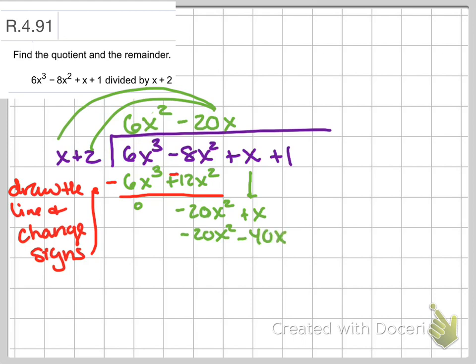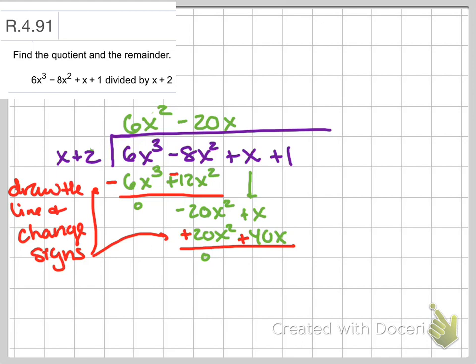Let me get rid of those distributing signs. And then, just like we did in the last one, we're going to draw the line and change the signs. We're going to subtract both of these already negative numbers, so those negative numbers turn into positives. Great. Negative 20x squared and a positive 20x squared cancel to 0.